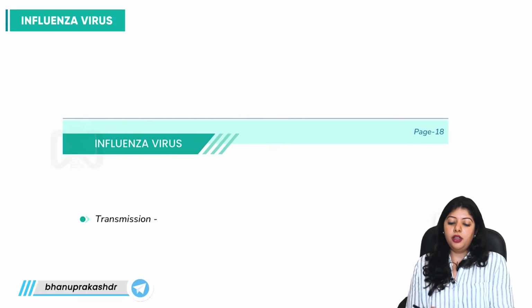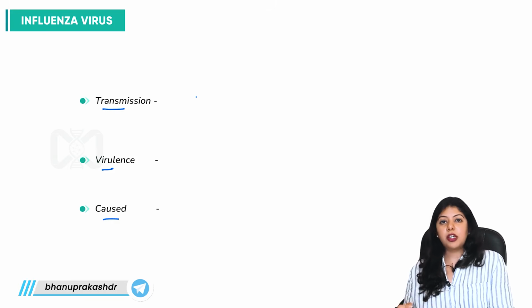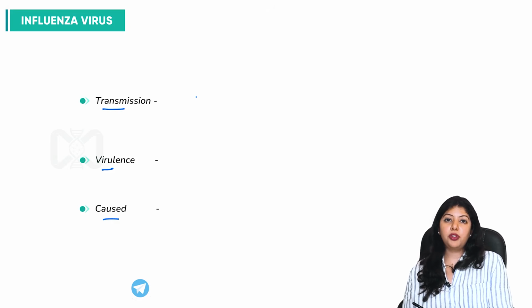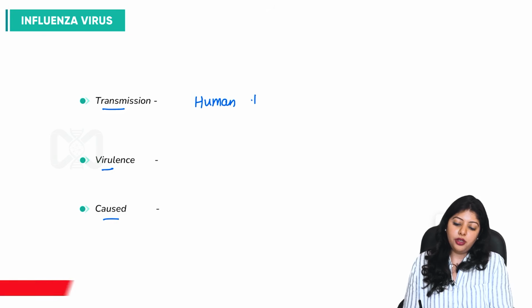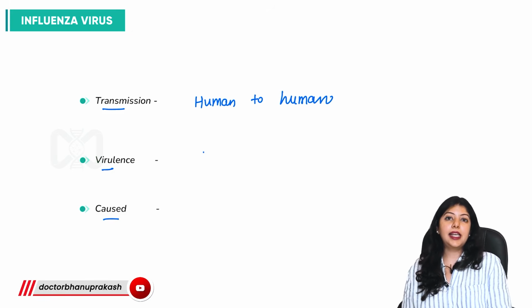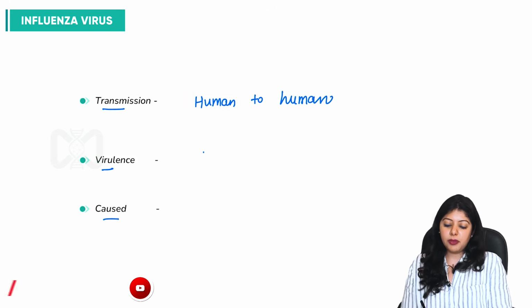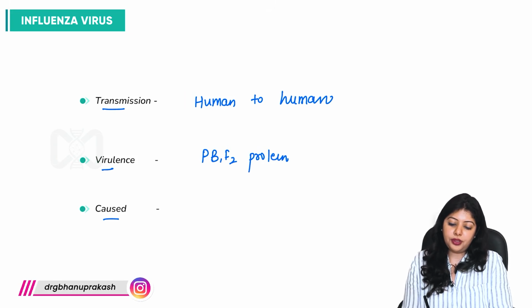of pandemic. So now, coming towards the transmission, we must remember that this transmission was human to human, and its virulence was less as compared to the avian flu. And why is that virulence less? Because of the absence of this PB1-F2 protein.